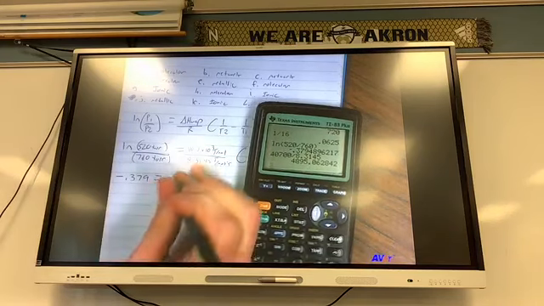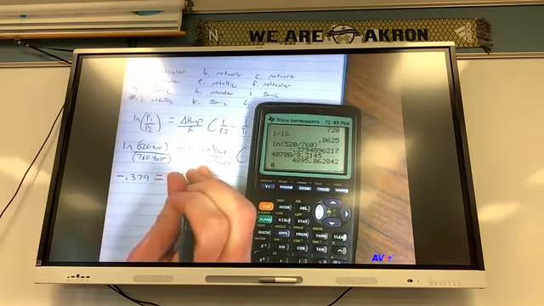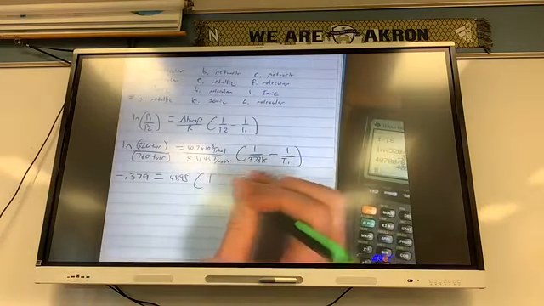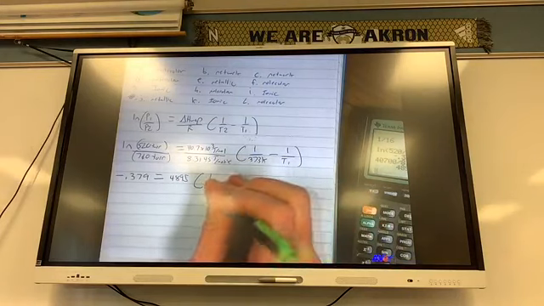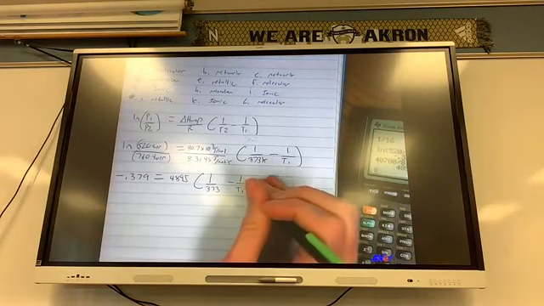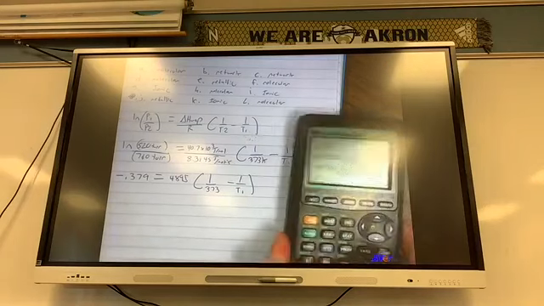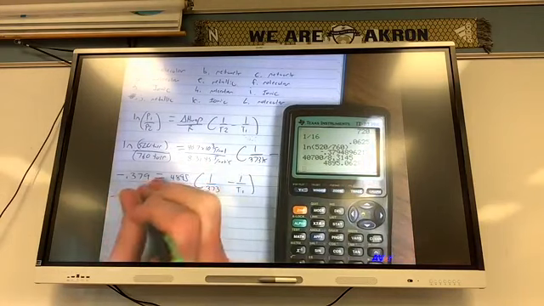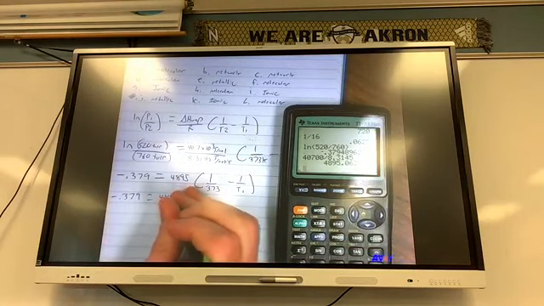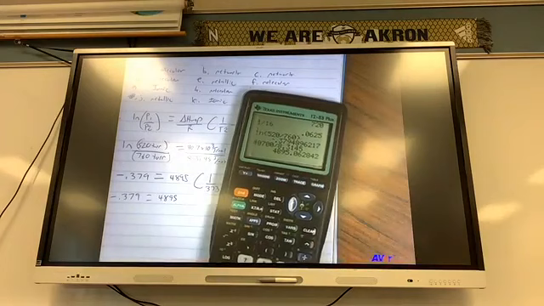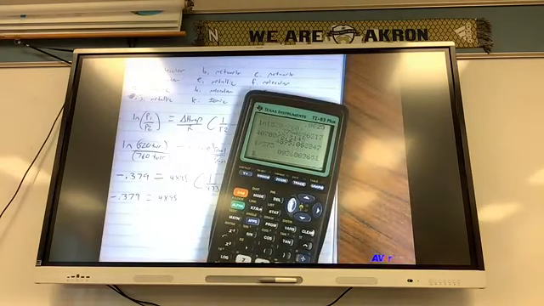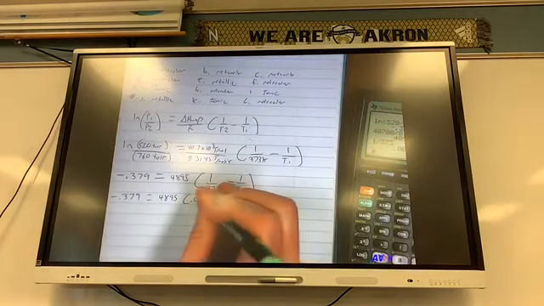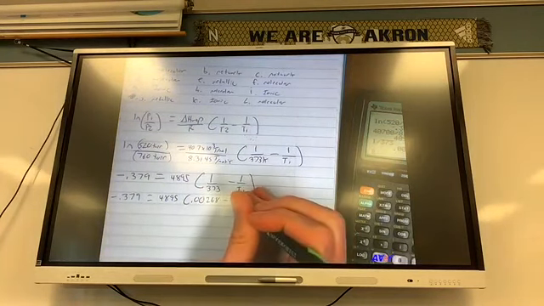So that gives me 4895 times 1 over 373 minus 1 over T1. How do you guys want to do this? Simplify more? So negative 0.379 equals 4895 times 1 divided by 373, which is 0.00268, minus 1 over T1.